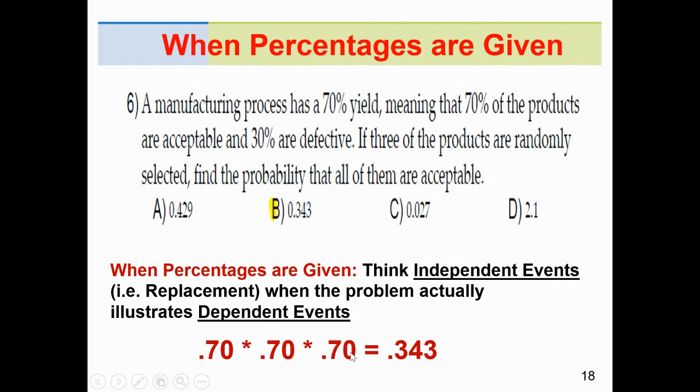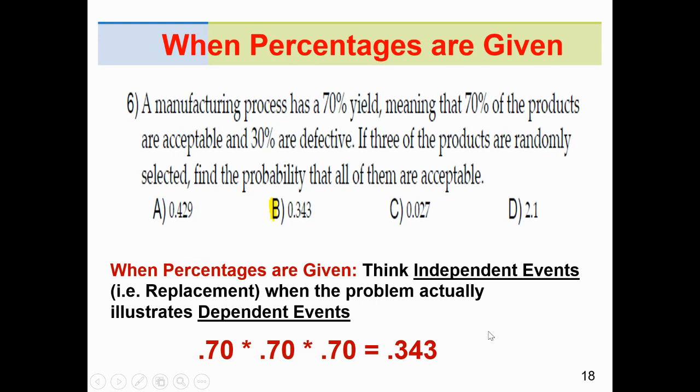Even though these events are dependent, you think independent because it's not giving you a raw count. It's not like you get six marbles or 10, whatever. He's giving you percentages, so actually this works to your advantage. When you're given a problem that has percentages, even though it's theoretically a dependent problem where you should be adjusting the probability of the second and third, because of percentages you can get away with just using that same percentage all the way through.